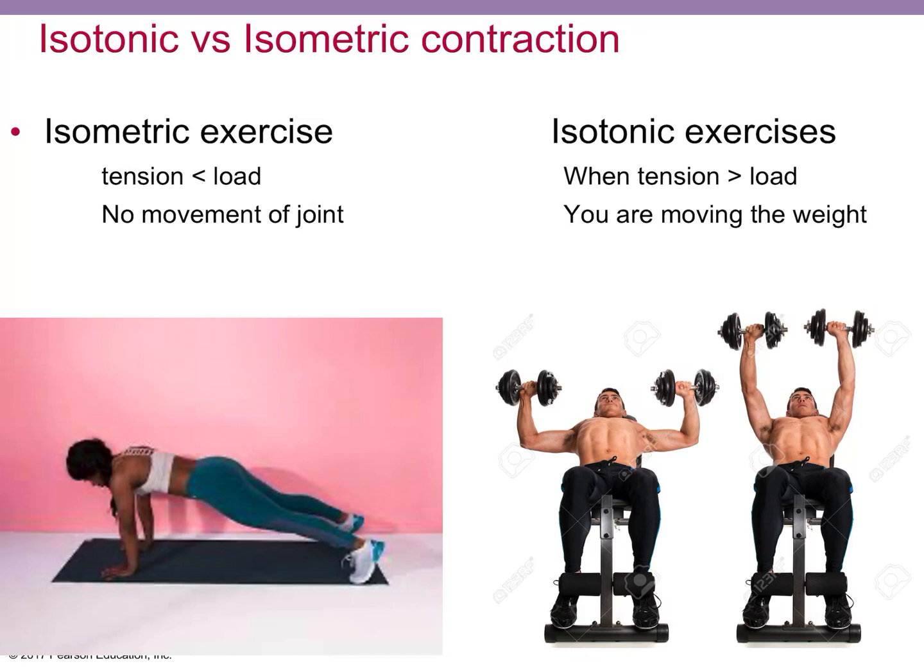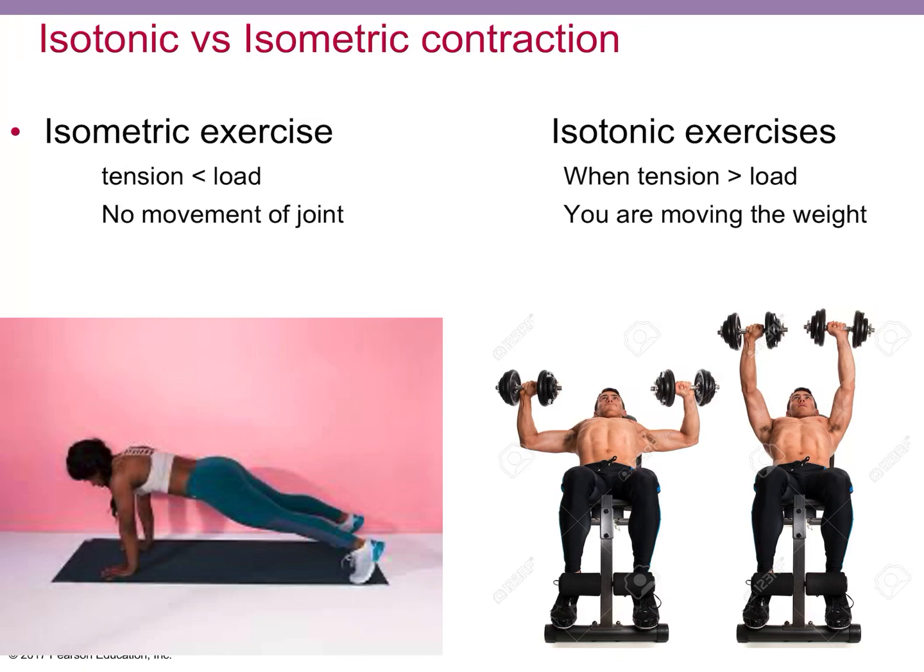So an isometric twitch, iso meaning the same and metric meaning the length, you're not changing the length of your muscle. You're not shortening it or contracting the muscle. You're not lengthening it, but you are creating tension. So the muscle's working. You have tension in the muscle, but it's just not changing length.